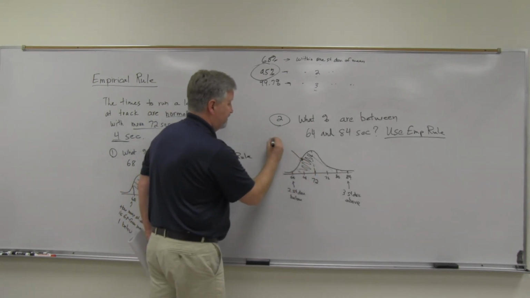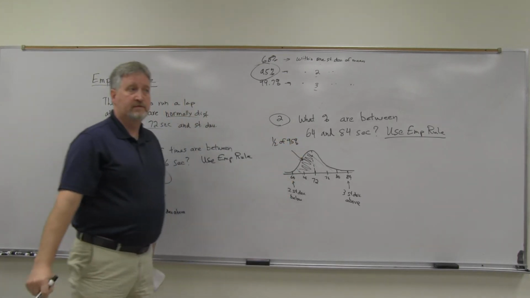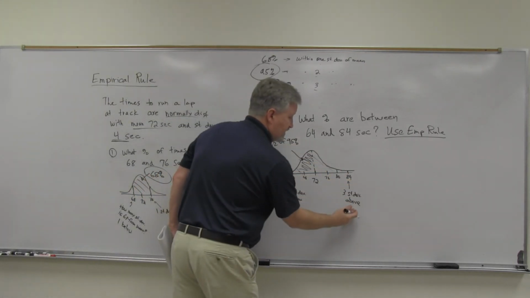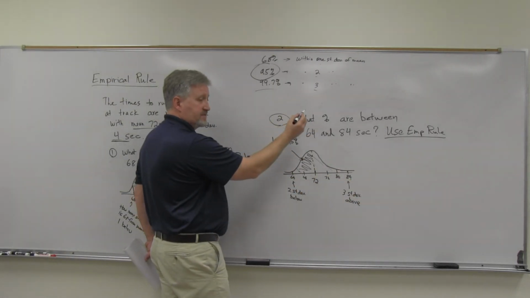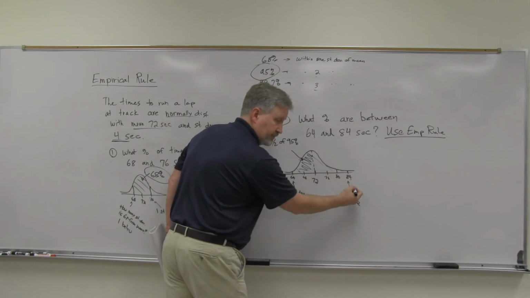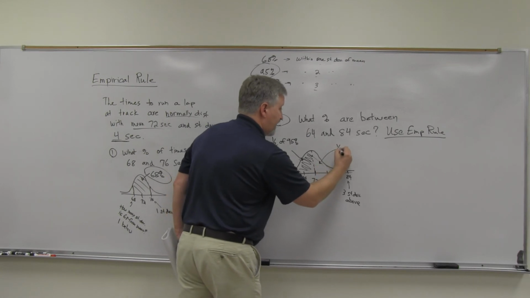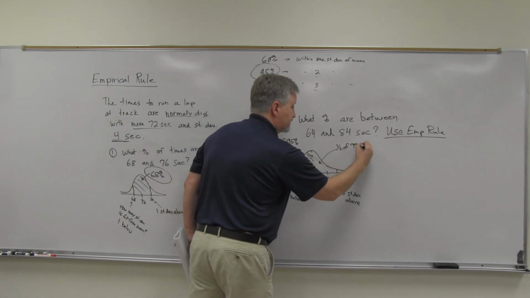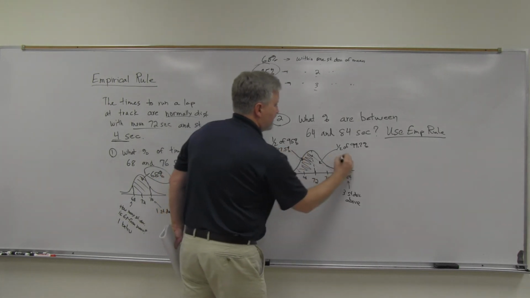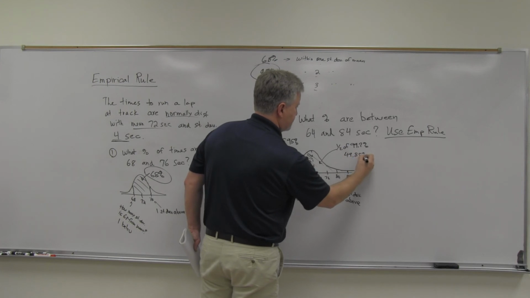It's half of 95% here. On the other side, I'm 3 standard deviations above, which is the 99.7, but I'm only going from the mean to 3 above. So what percentage is that? Well, that's half of the 99.7%. This is 47.5%, and this would be 49.85%.